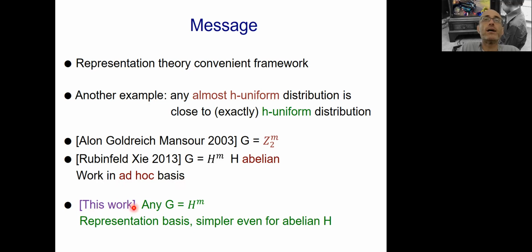And in this work, we prove a similar result for any product group. So any group G of the form H to the power m, where H can be anything, it can be abelian or non-abelian. And also, our contribution is that we can just work in the representation basis, and this actually simplifies the proof even in the case of abelian groups H.